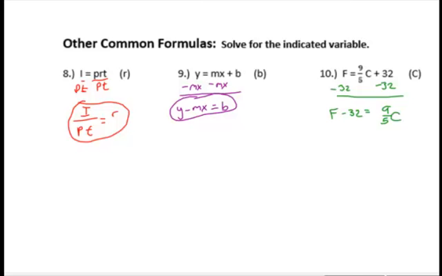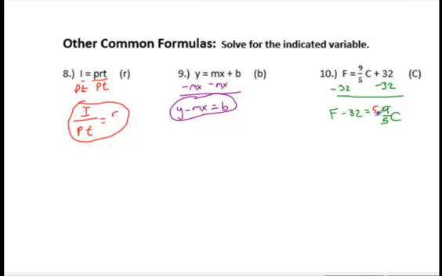But in number 10, I saved the last step. This is a very common formula, the Fahrenheit to Celsius conversion. You're going to subtract 32 from both sides, and that will leave you with f minus 32 equals 9/5 c. Now you should know that you can get rid of, cancel out, simplify the 9/5 all in one step by multiplying by the reciprocal.